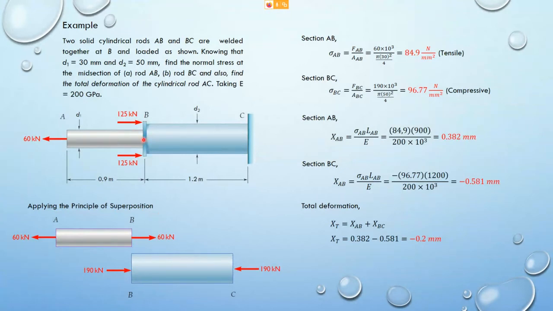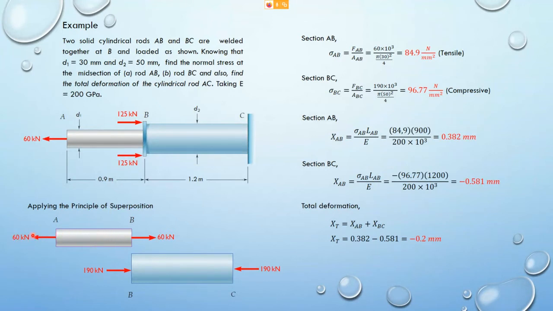First take part AB as part 1 and section BC as part 2. Then pick up this force here, 60 kilonewton, and place it at section A here. So you have 60. Now, according to the principle of superposition, each part that you split, make sure every part must be in equilibrium.